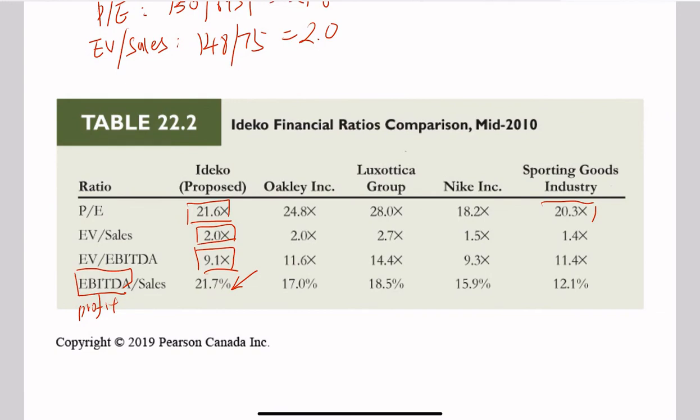In IDCO's case, its EBITDA sales ratio is higher than all other firms, and it is higher than the sporting goods industry average. So basically, this is a good sign. That is, this firm has a very good profitability ratio.